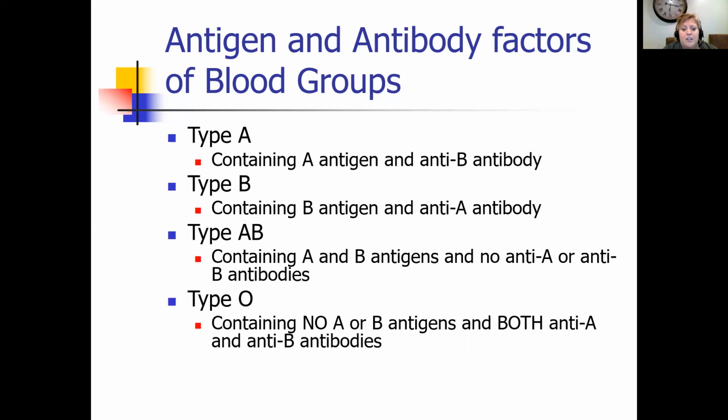Type B contains B antigen, so it likes B blood. And it also has anti-A antibody. It will fight type A blood. Type AB, which is the one that's rare, only about 4%, contains A and B antigens. So it likes A and it likes B. And it has no anti-A or anti-B antibodies.